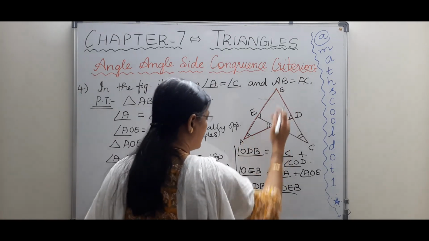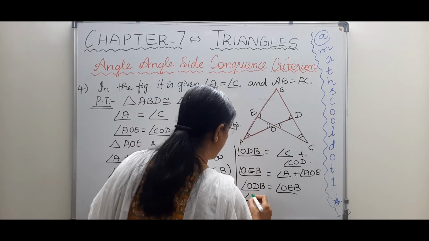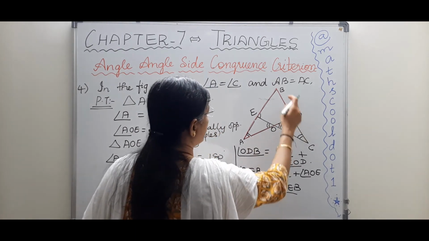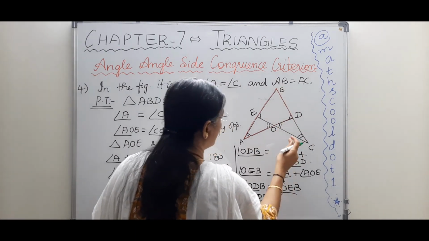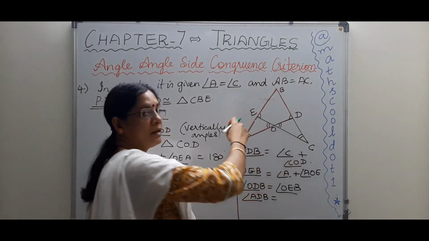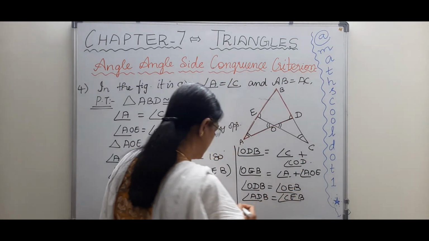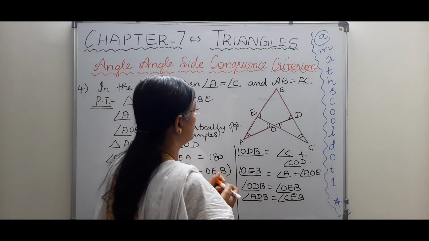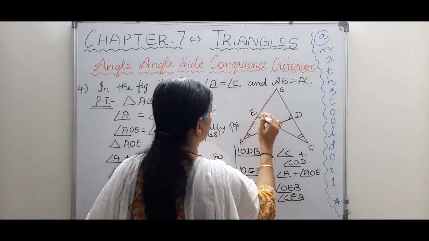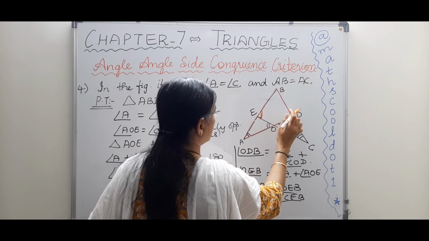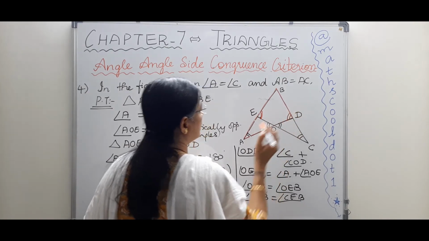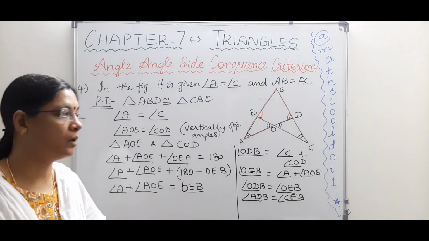So angle ADB is equal to, so instead of writing OEB, I'll write CEB. Angle CEB. So now, can you identify which two angles are equal here? See, these two angles are equal. We have proved these two angles to be equal, right?